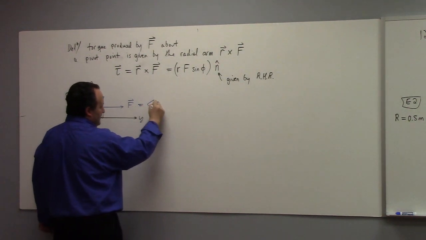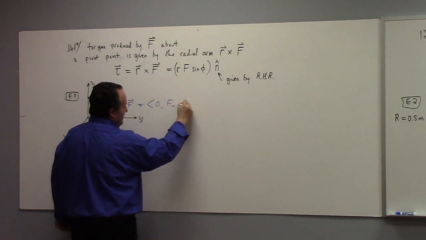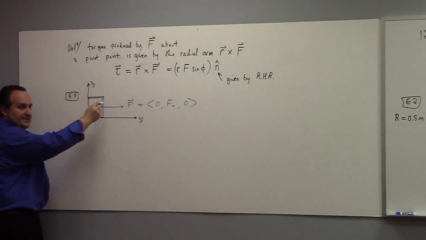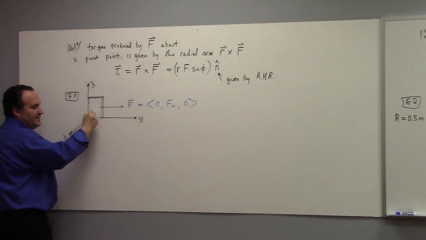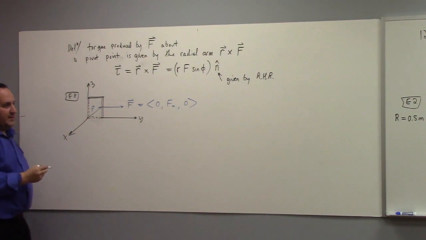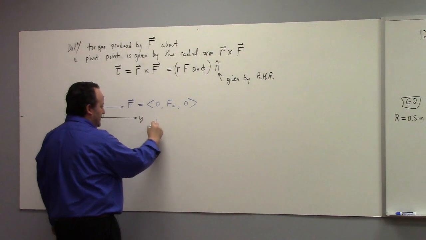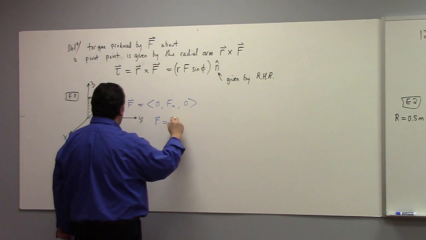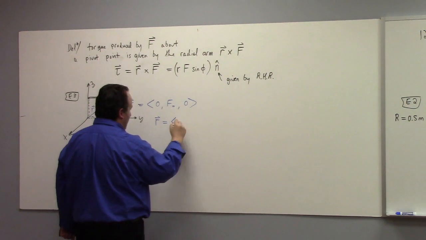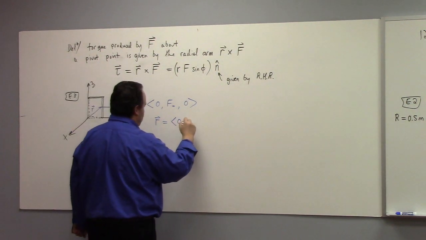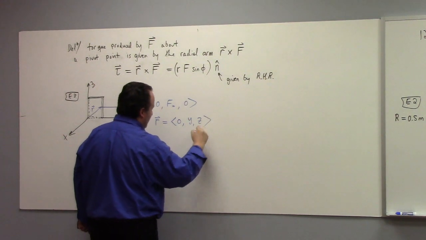This would be something like 0, F naught, 0, right? Where's my radial vector? If I apply this force, the radius arm is right here, right? So what's R in this picture? It's not going anything in the X, and Y and Z are non-zero like that.